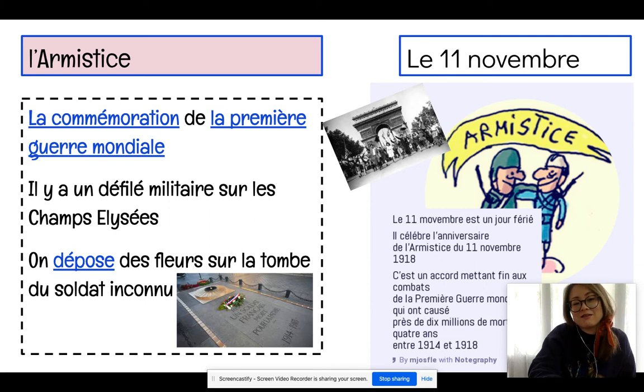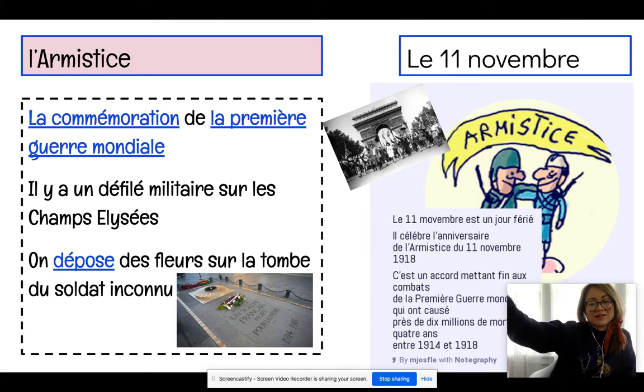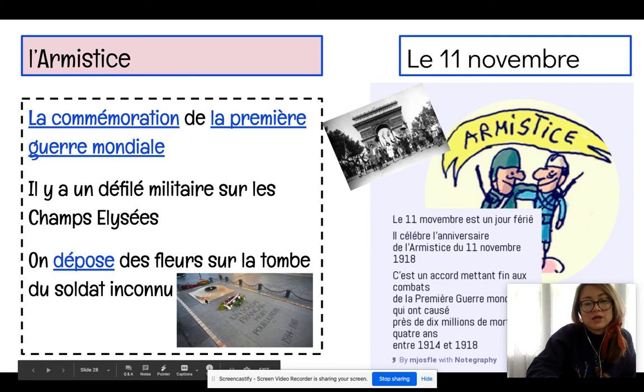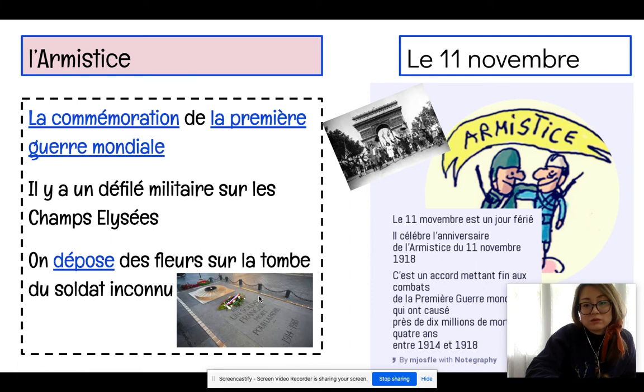Et il y a un défilé militaire sur les Champs-Élysées. Et à la fin des Champs-Élysées, il y a l'Arc de Triomphe. So you can see that right here, l'Arc de Triomphe. Et on dépose des fleurs sur la tombe du soldat inconnu. So this is the tomb of the unknown soldier, which is located at the Arc de Triomphe.